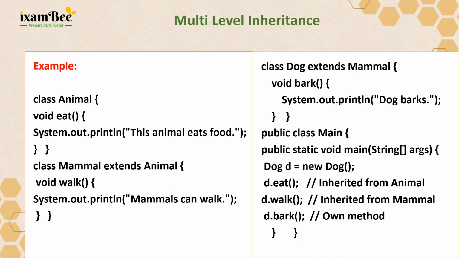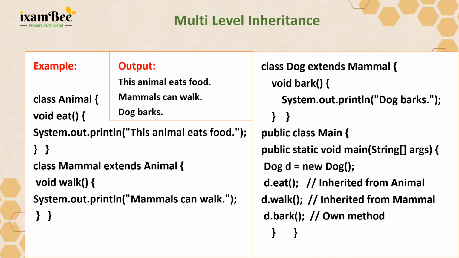In the main class, when we are creating the dog object D, we can invoke d.eat, d.walk and d.bark as well. d.eat is inherited from the animal class. d.walk will inherit the walk method from the mammal class. In d.bark, the bark method is the own method of the dog class. If we execute this code, we would get the output: this animal eats food, mammals can walk, and dog barks.